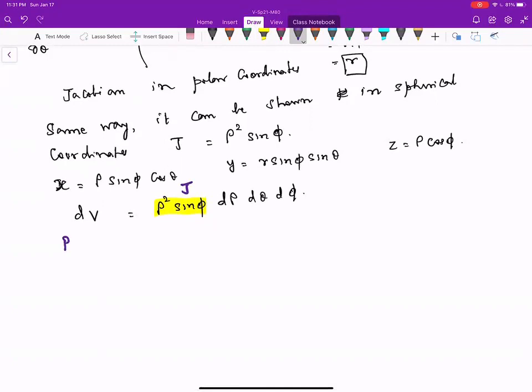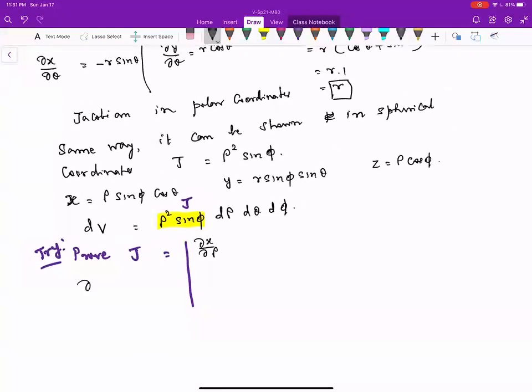So we can try to prove that the Jacobian J in spherical coordinates is a 3 by 3 determinant, which in short you can write as dou xyz over dou rho theta phi.